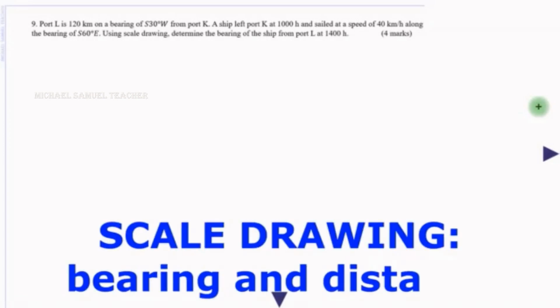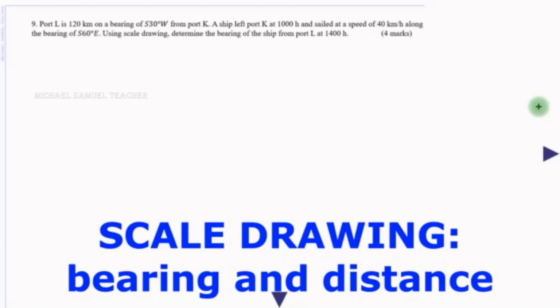So Port L is 120 kilometers on a bearing of 30 degrees south of west from Port K. A ship left Port K at 10:00 hours and sailed at a speed of 40 km/h along the bearing of 60 degrees south of east.